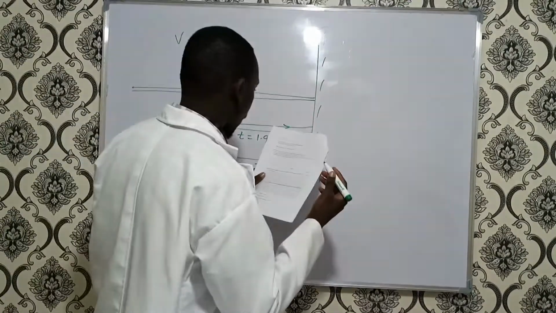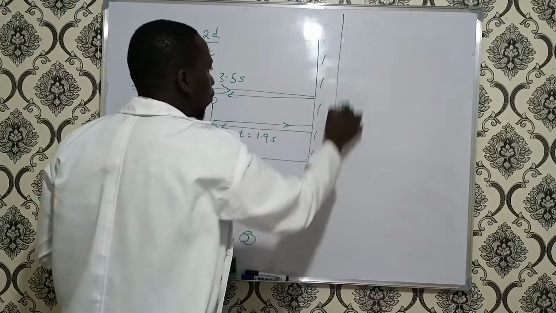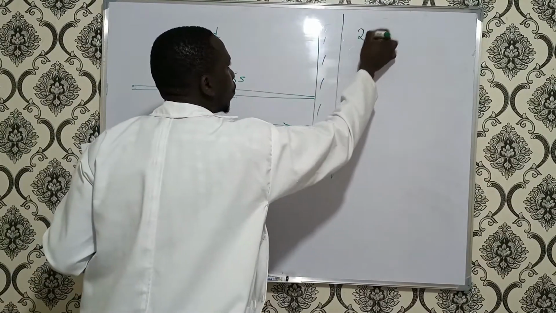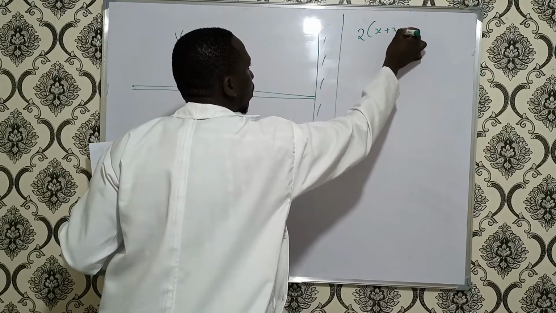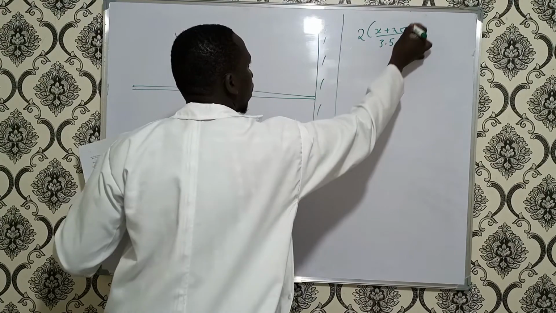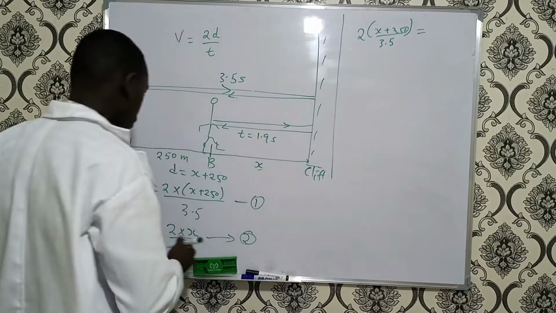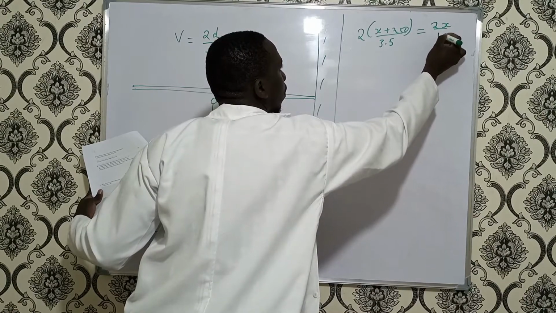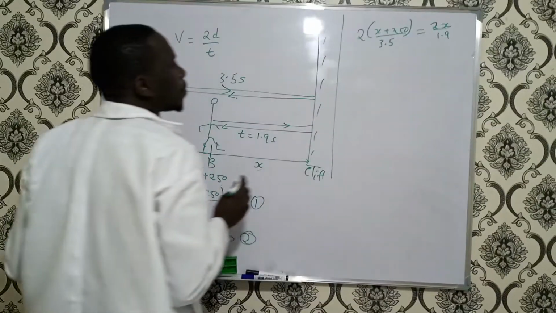Now, so equating equation 1 and equation 2, we're going to have 2 into x plus 250 divided by 3.5 equal to 2 times x, that is 2x over 1.9.